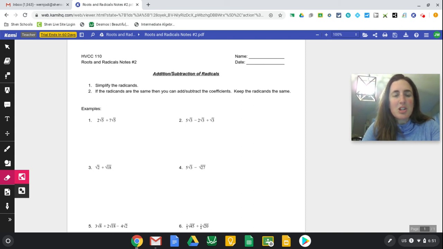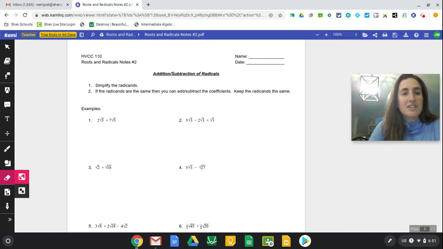Okay, so the first thing we're going to do is look to see if the radicands are alike. So if you look at example 1, the radicand is the number underneath the radical sign, and they're both radical 5. That means they're alike. So since they're alike, we can simply add or subtract the coefficients that are in front of the radicals.